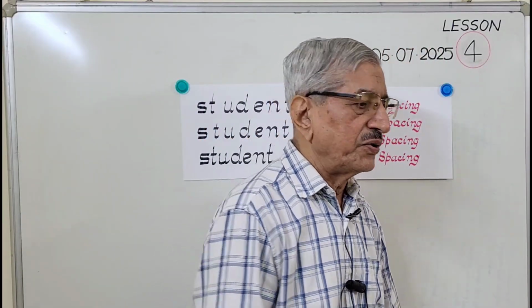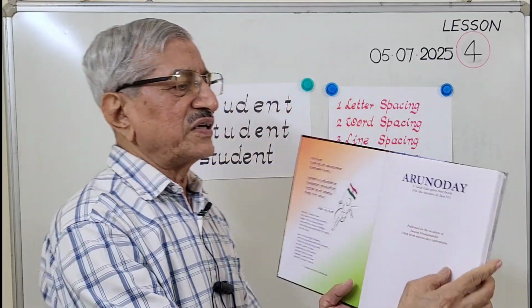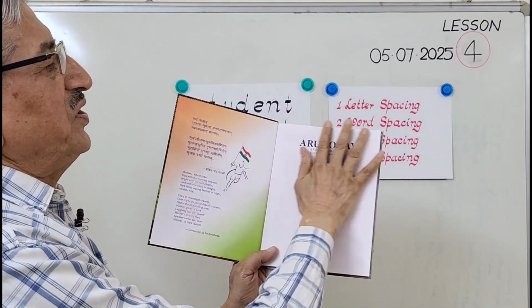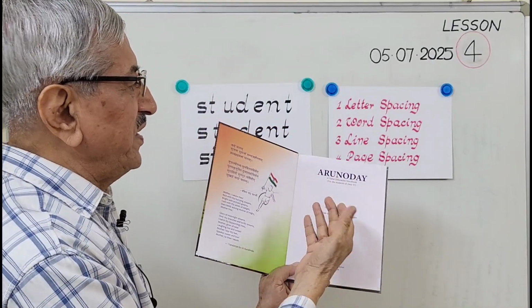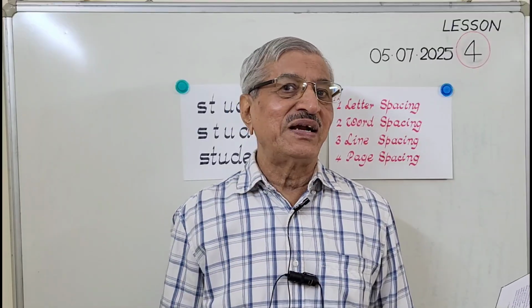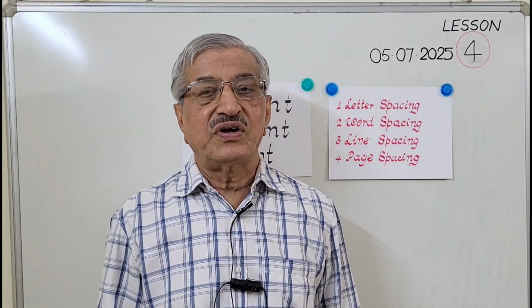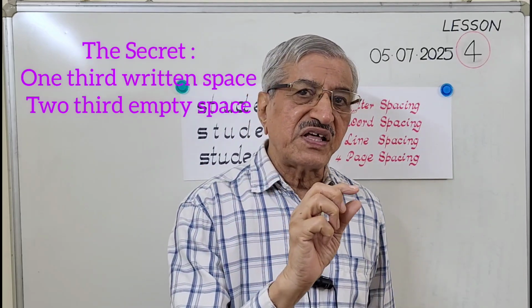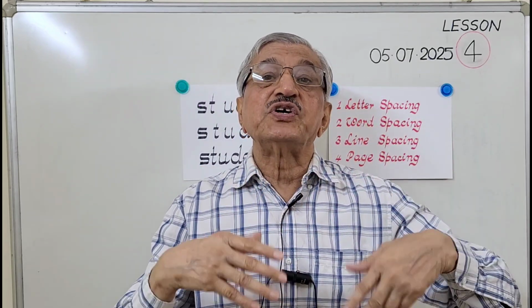Now let me tell you one important main thing. Look at this book here. Here all of it is gapped. But what is printed here is striking, so it can be seen predominantly. The secret of our writing also is that the written space in a page should be less, and the empty space should be more.